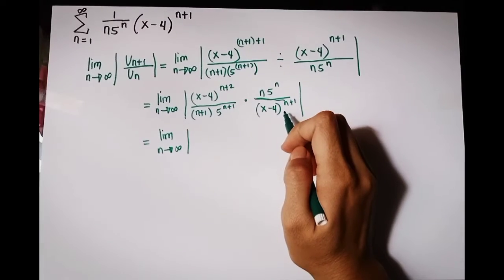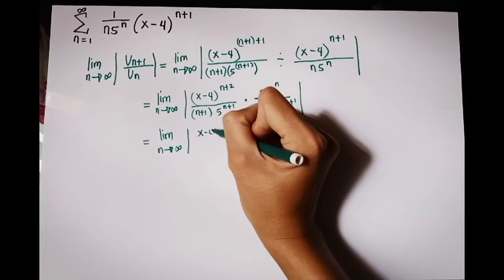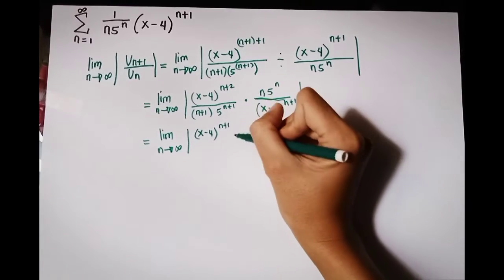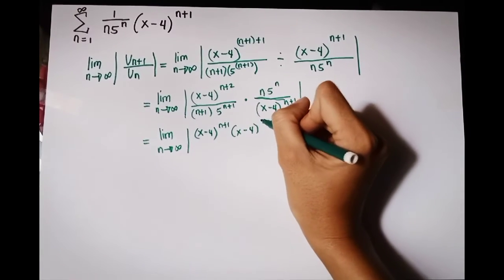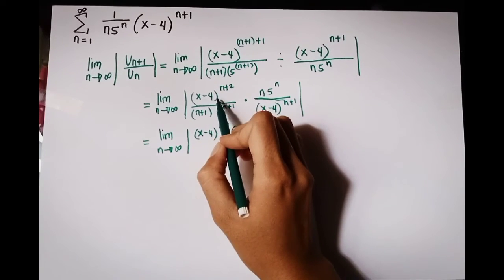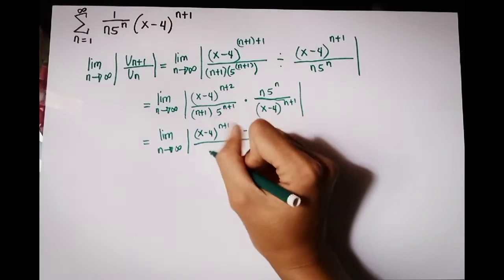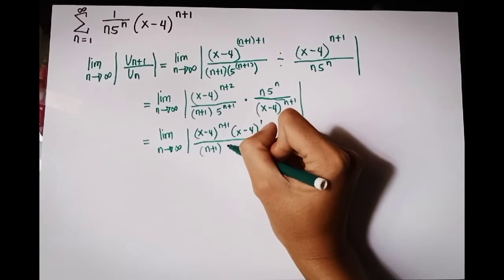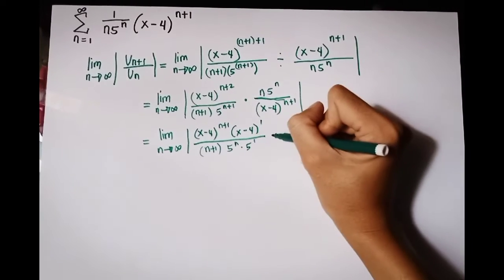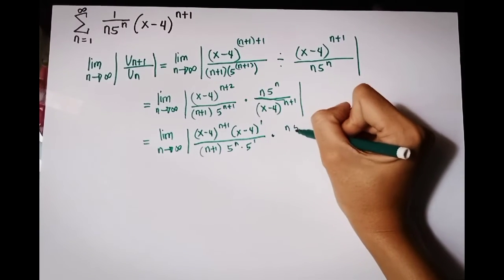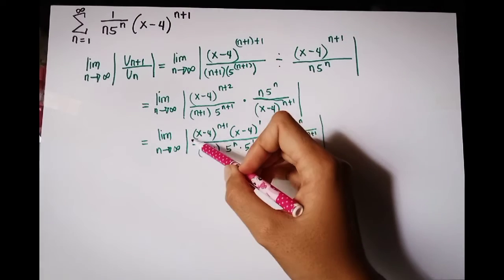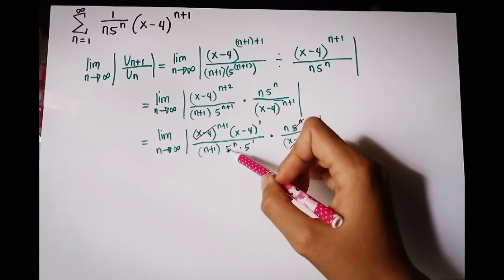To cancel the same expression, I will use x minus 4 raised to n plus 1, and then x minus 4 raised to 1. If you combine these two, the result is x minus 4 raised to n plus 1 all over n plus 1 times 5 raised to n times 5 raised to 1. Then we can cancel the same forms, the x minus 4 raised to n plus 1 and 5 raised to n.